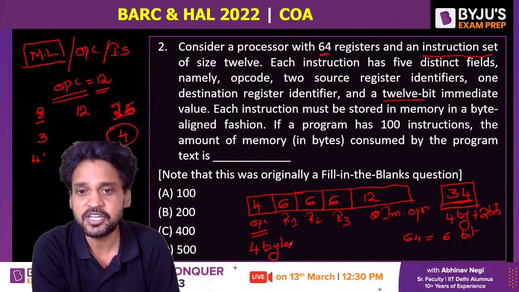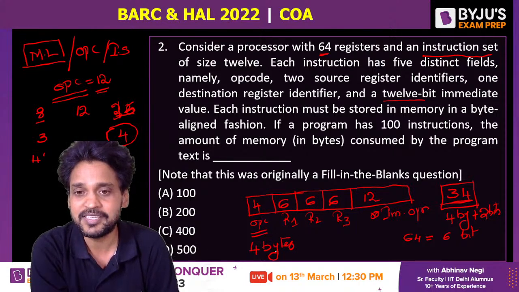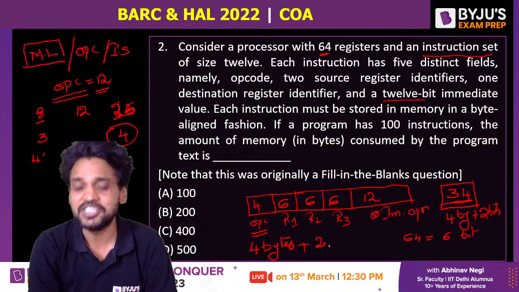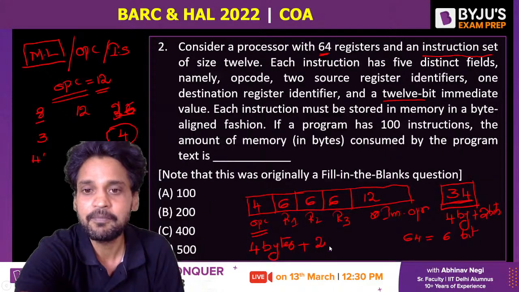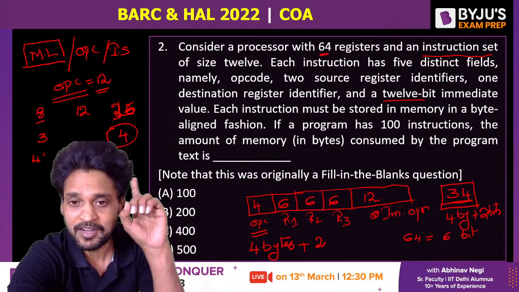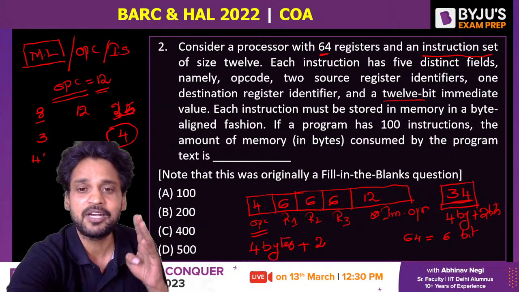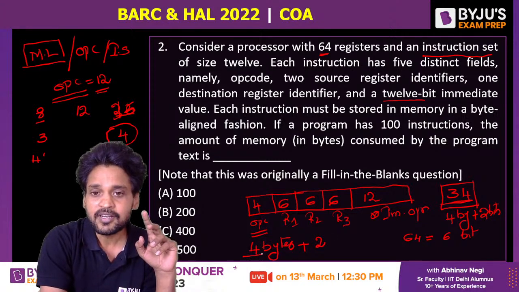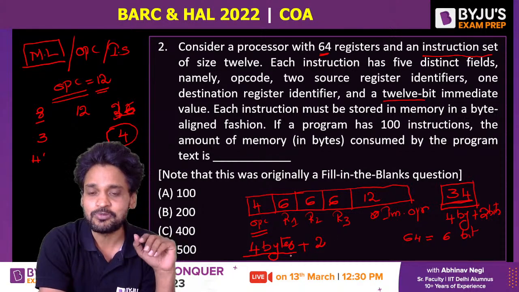4 bytes. Stay focused. Let me tell you. 4 bytes are equal to 32 bits. Plus, I do require 2 additional bits in this case. For representing one complete instruction, I do require 34 bits. Right? But for 32 bits, already 4 bytes are consumed.